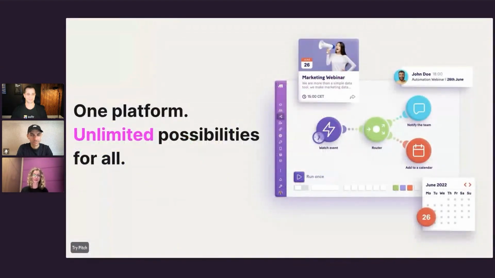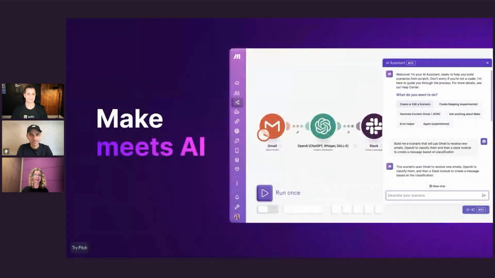So if you go on to the next slides, we're basically one platform where you can create your workflows, where you can automate with all those different kinds of services in a very visual way. And be it for marketing functions, for your internal productivity, or, if you go on the next slide, for your AI needs.